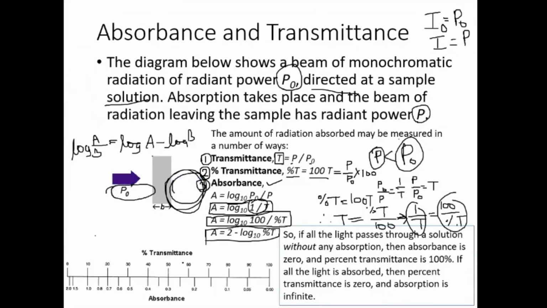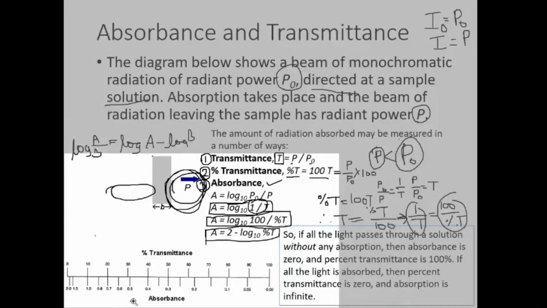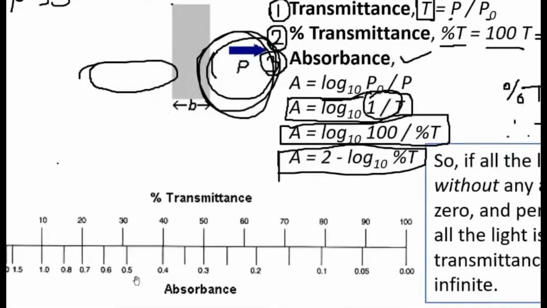There is a table given at the bottom of it. I will try to magnify the table. On the upper side you have transmittance, on the lower side you have absorbance. The percent transmittance is between 0 to 100, I repeat.